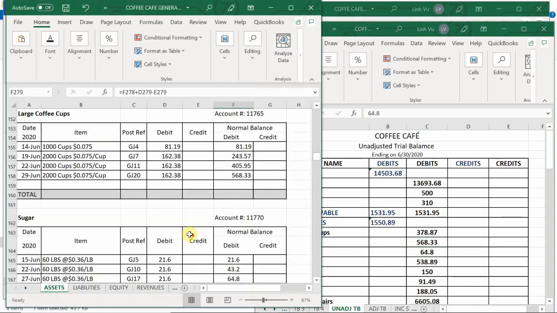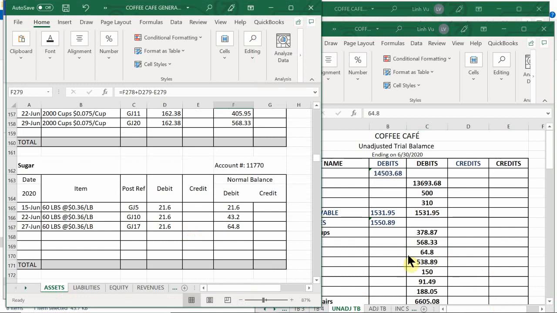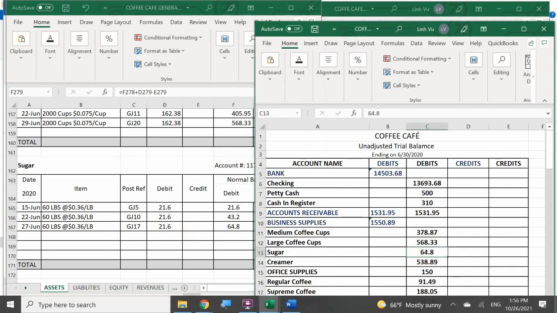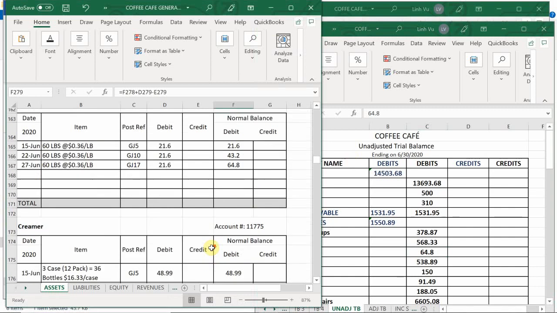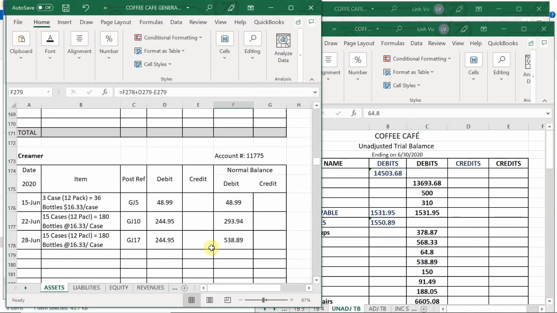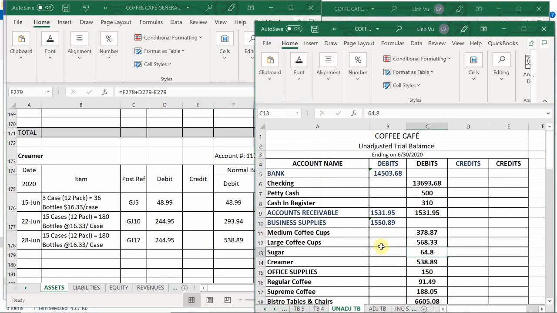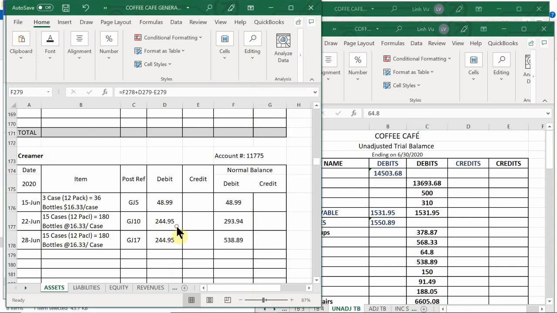What about my sugar? Sugar 64.8. That didn't change? Okay. What about my creamer? 538.89. Okay, so that didn't change. So there you go, the same. That means I have a total of business supplies of $1,550.89. That's my total business supplies.